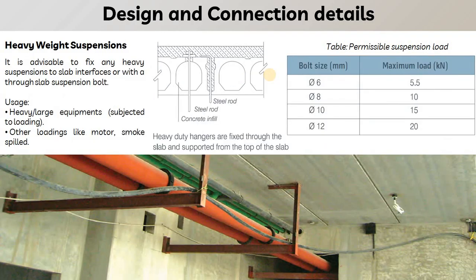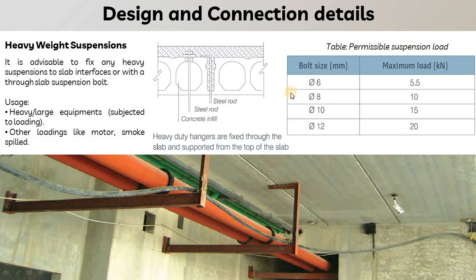In case of a heavyweight suspension system, such as heavy equipment loads or other loads like a motor, or a huge pipe, we have to use a steel rod, because we cannot hold that from the bottom of the slab; due to the heavy weight it will not sustain, or it does not have the capacity to take the load of that particular part.